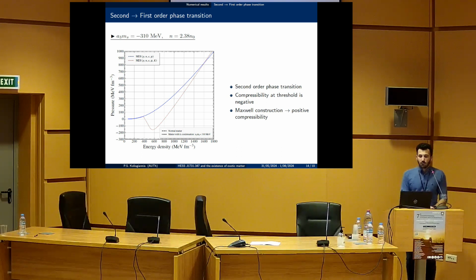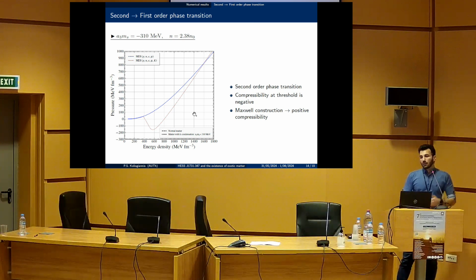We will now focus on the highest value of the A3MS parameter as an extreme case scenario. We already said that this is a second-order phase transition, and we can see that at the critical value where kaons appear, the pressure decreases rapidly, reaching negative values. This is also shown by the compressibility at the threshold, which is negative.